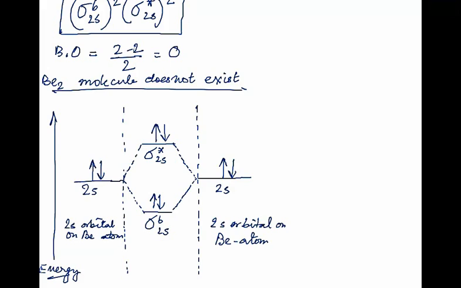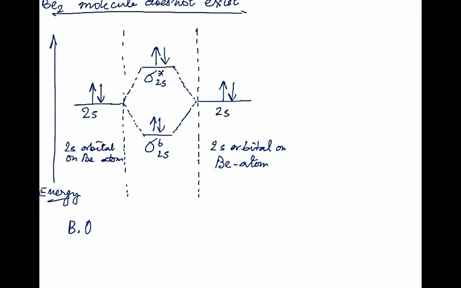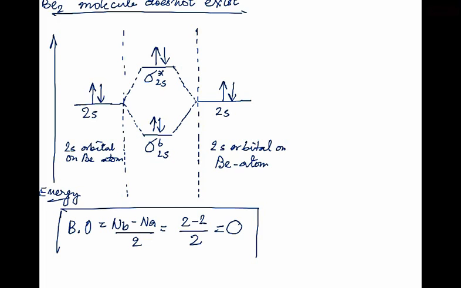And obviously the bond order, which is equal to NB minus NA divided by 2, is equal to 2 minus 2 divided by 2, which is equal to 0. Therefore we can say that the Be2 molecule does not exist. The same calculations can be obtained both from the MO configuration and by drawing the molecular orbital diagrams.